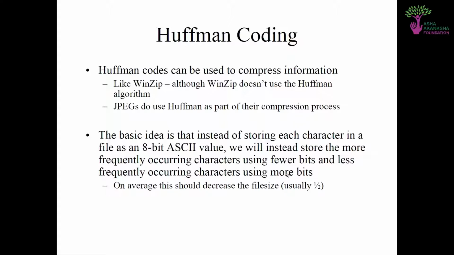Although they are all characters, we will observe that some characters occur more often than others. If we make the more frequently occurring characters take up less space, and assign the scarcely frequent characters larger spaces, then on average our total size would decrease.